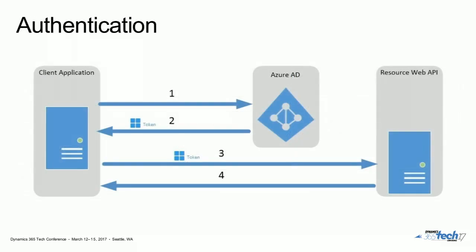Okay, in terms of authentication, in AX 2012, it was really simple. Everything was on-prem, but now we have moved to cloud, so our identity manager has changed. The new identity manager on cloud is Azure AD. So if you take a typical scenario here, I'm a client.